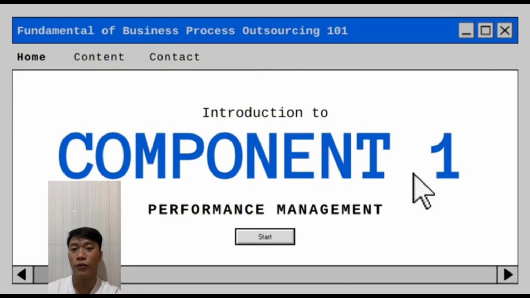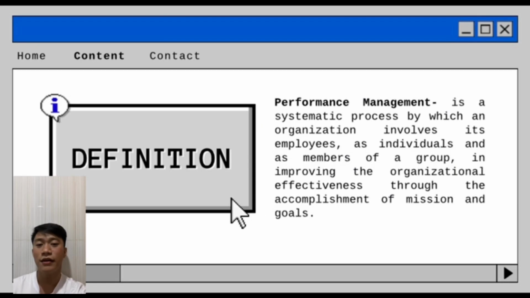To begin with, we have component 1, performance management. Performance management is a systematic process by which an organization involves its employees, as individuals and as members of a group. It is basically how a company gets everyone to work together toward the same big goals.